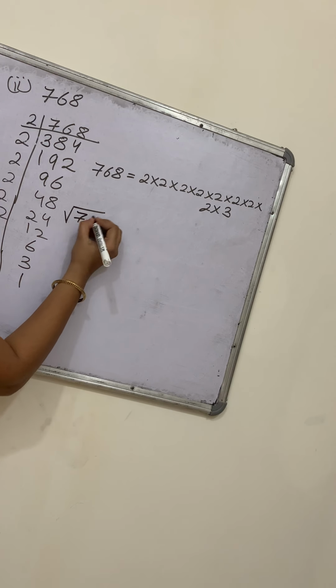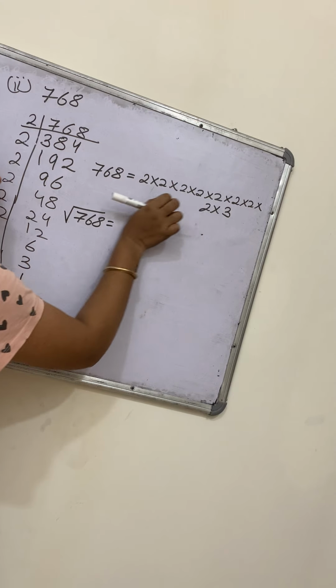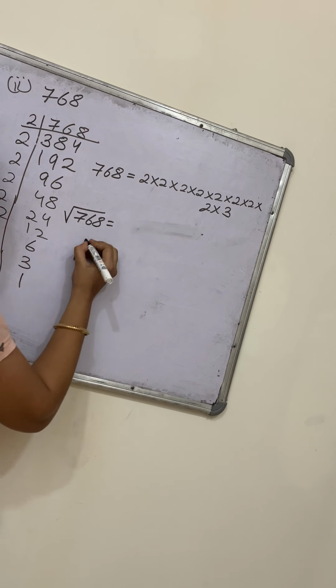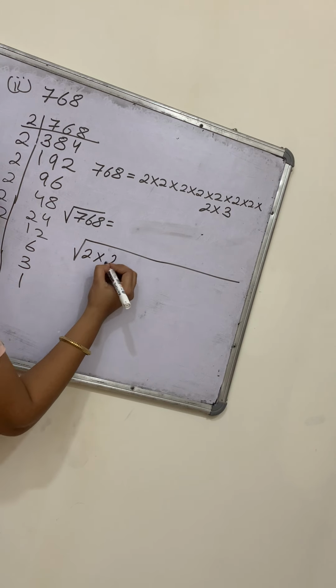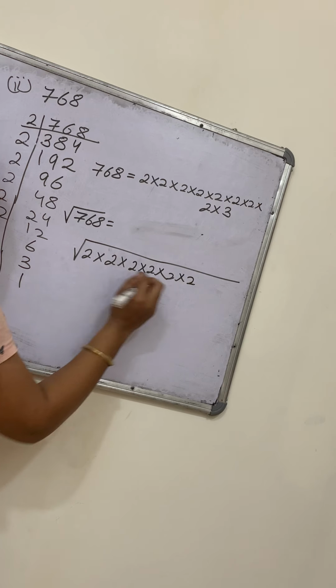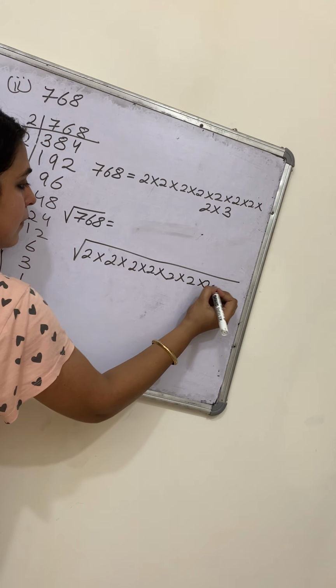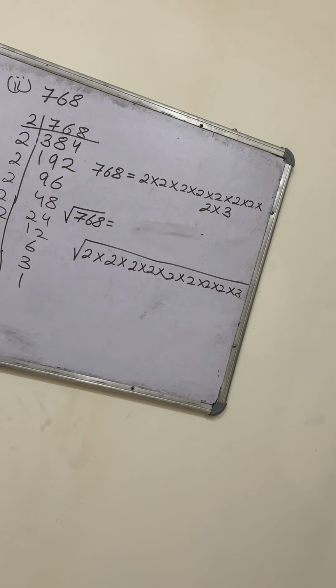Under root of 768, we put the sign of square root. We call it under root also. These are the factors.